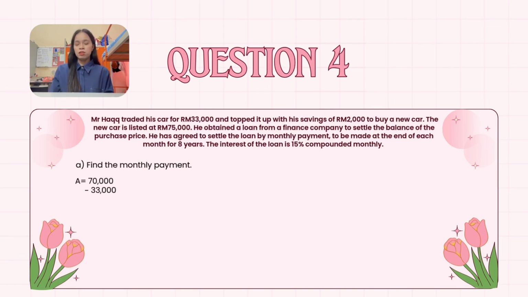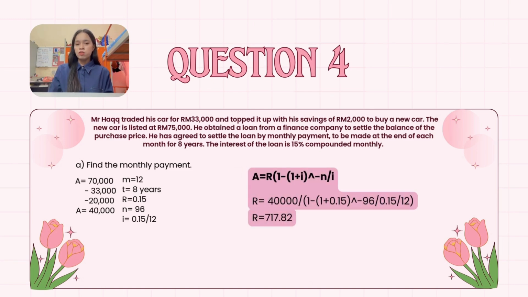A equals 75,000 ringgit minus 33,000 ringgit minus 2,000 ringgit equals 40,000 ringgit. M equals 12. T equals 8 years. R equals 0.15. N equals 96. I equals 0.15 per 12.